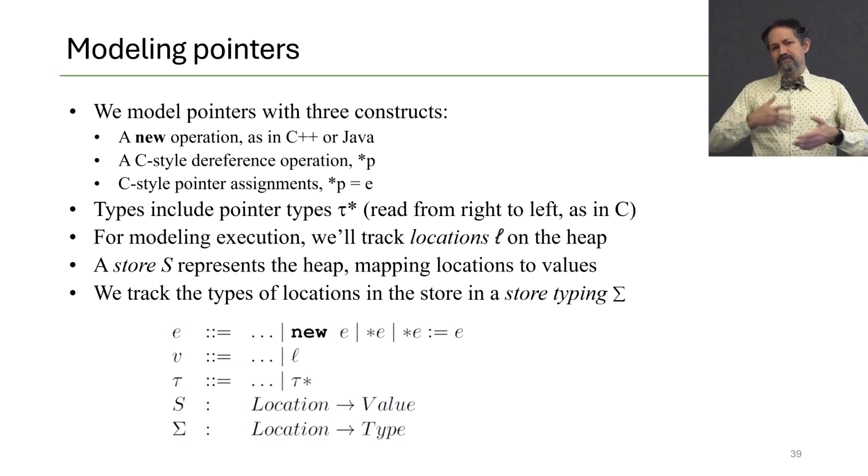We won't model them as integers in this case, but some abstract set of locations, and those will be our representation of pointers. Finally, we'll use a store, which we'll denote with the letter S, to represent the heap. The store maps locations to values that are stored in those locations. Finally, in our typing rules, we'll track the types of locations in a store typing that we'll use sigma for.